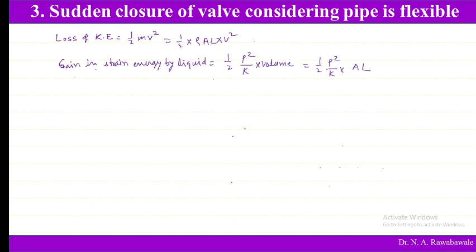Now the loss of kinetic energy is used by two things. In case the pipe is rigid, the kinetic energy is completely absorbed by the liquid flowing through the pipe, assuming that the liquid is compressible. Here the liquid is assumed compressible, as well as the pipe material being flexible, so some of the kinetic energy lost is absorbed by the pipe material. So the total kinetic energy lost by the liquid flowing through the pipe due to sudden closure of the valve is split into two parts: one absorbed by the liquid, and part absorbed by the pipe material.